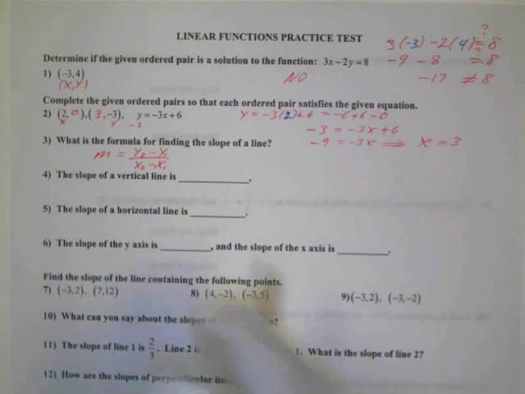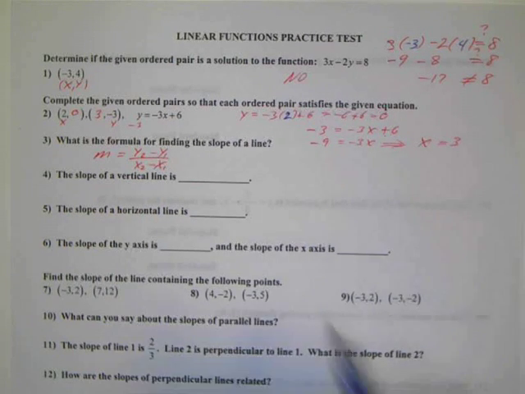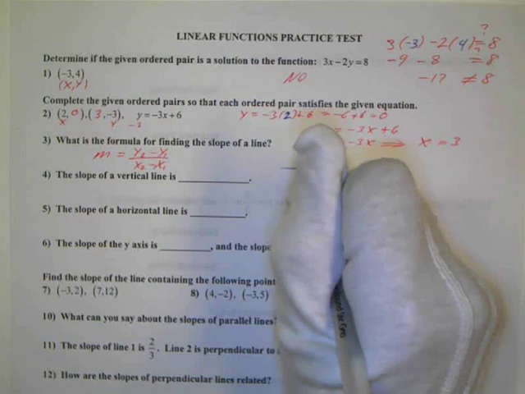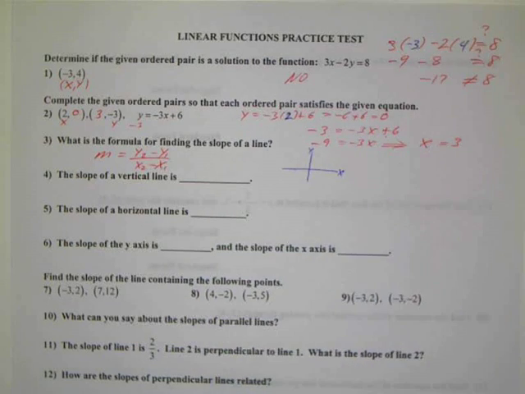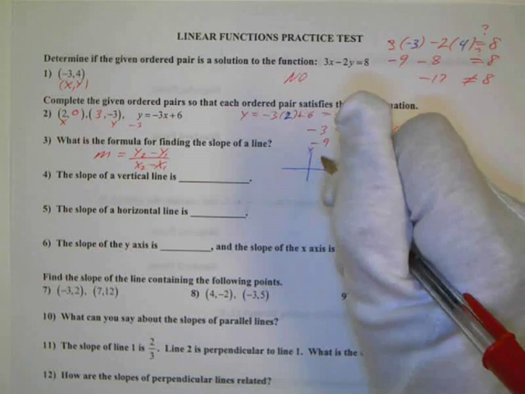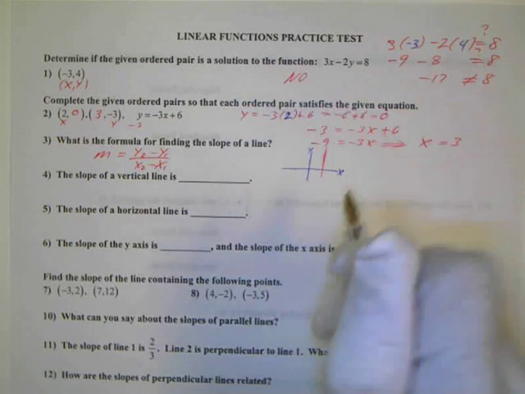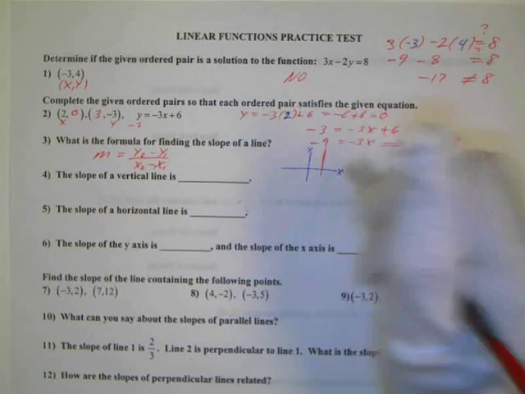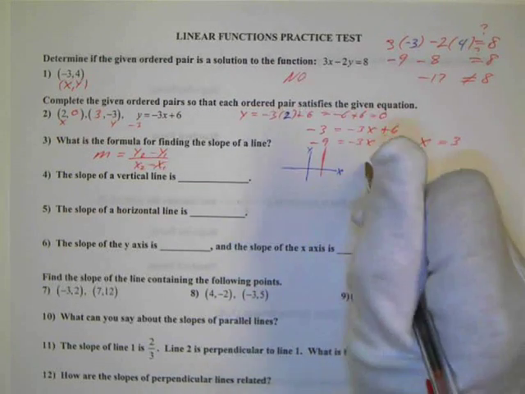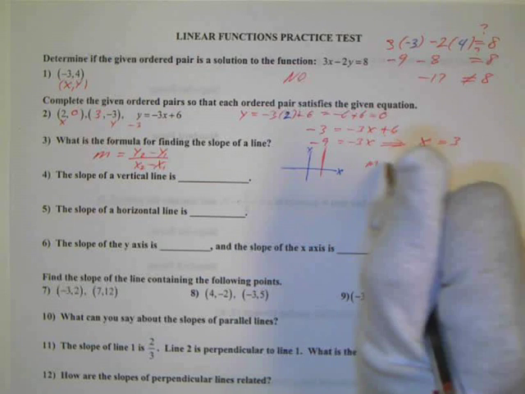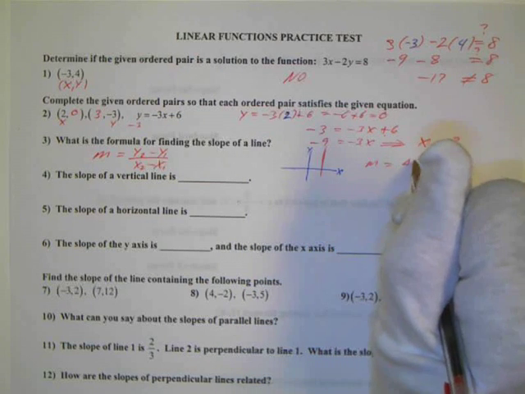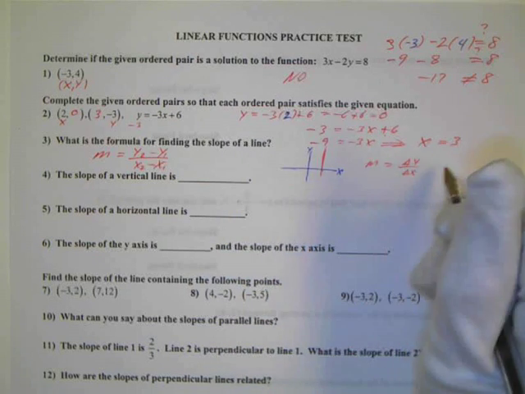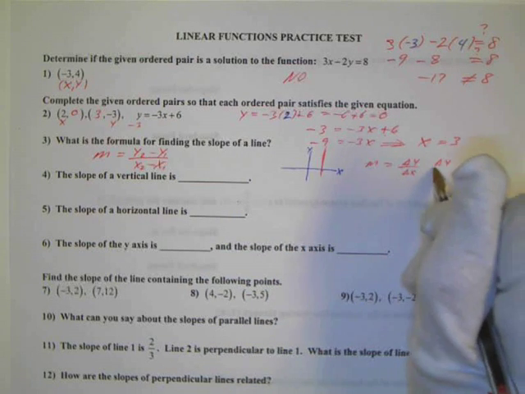The slope of a vertical line, well, you can kind of draw a sketch, and if you have a sketch here, a vertical line just goes up and down, and there's an infinite rise and no run, so we actually have, if we take the slope equals the change in y over the change in x, and notice that there's no change in x, so we've got delta y, the change in y over 0.